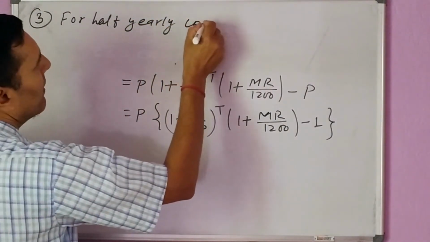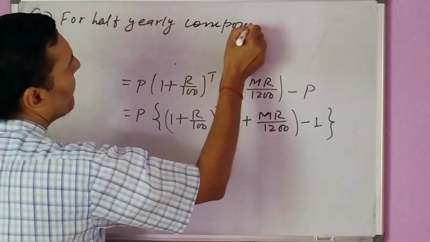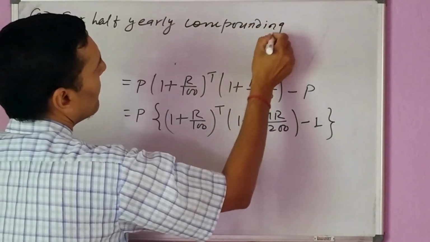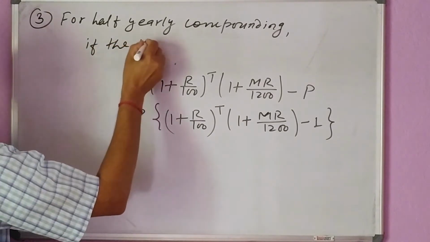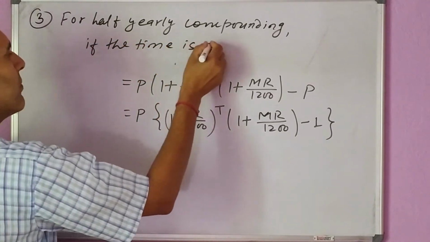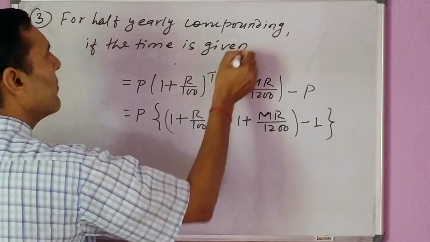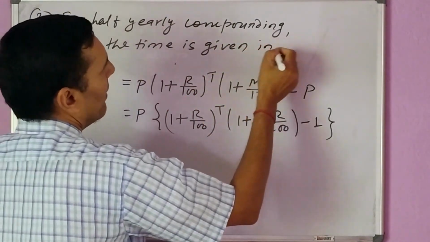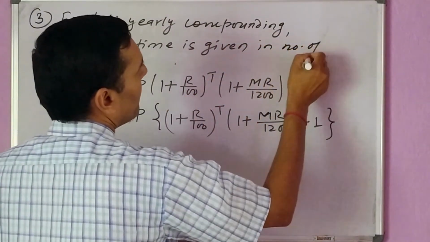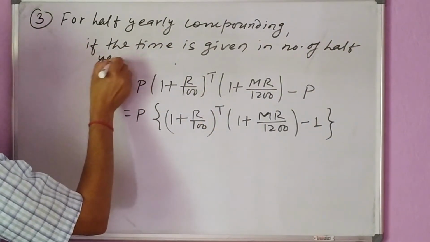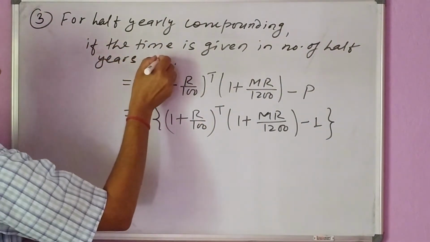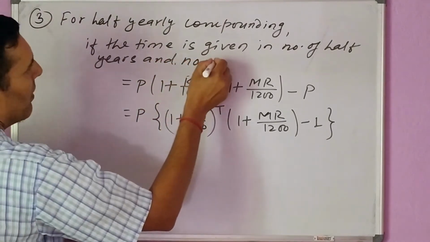For half yearly compounding, if the time is given in number of half years and number of months.